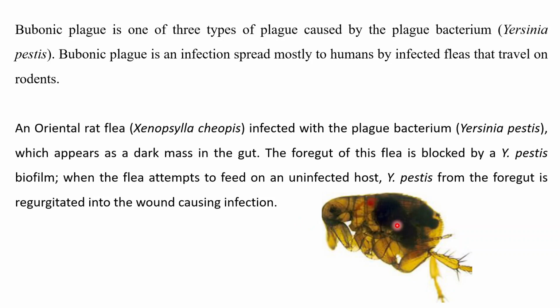So when this flea bites a rodent, the bacteria from its gut enter the rodent's body through the bite. From the rodent it then passes to humans when the rodent bites the human.